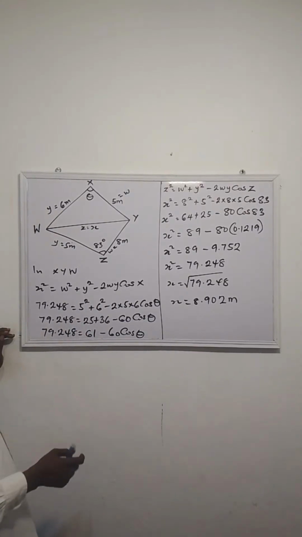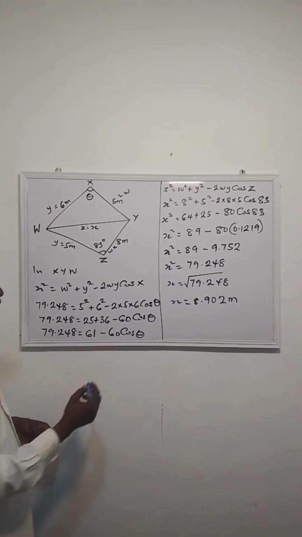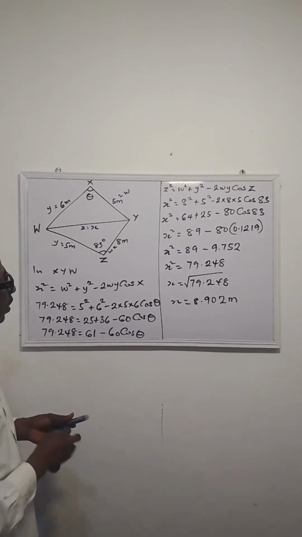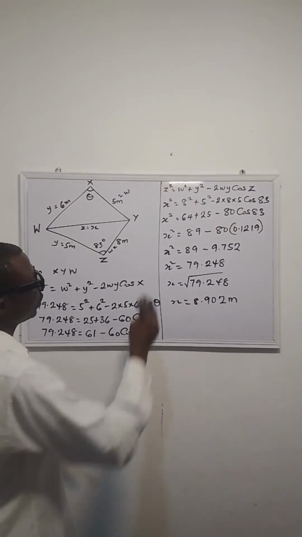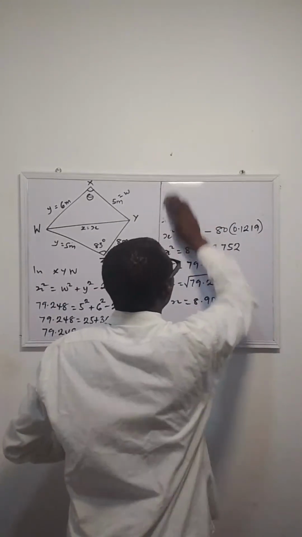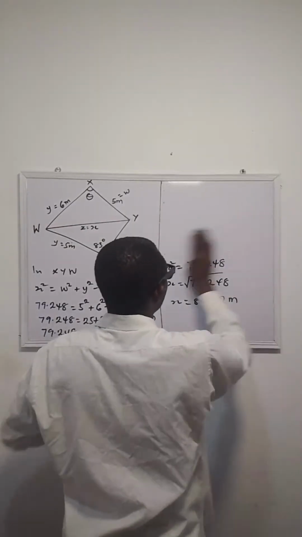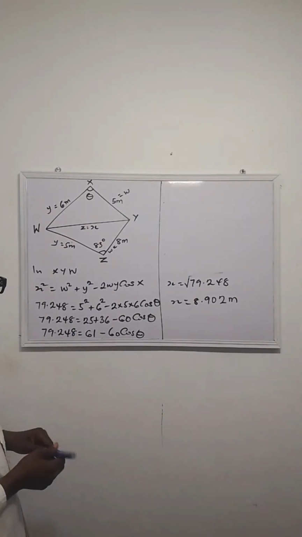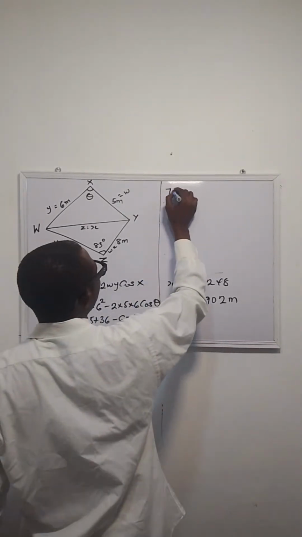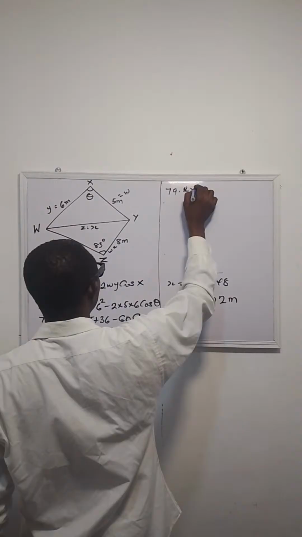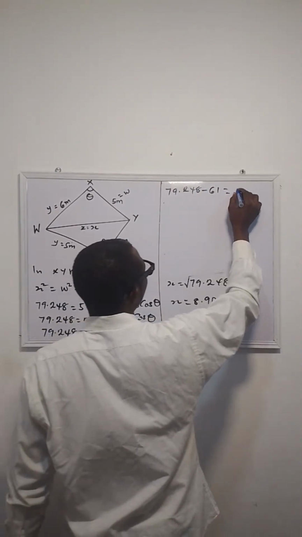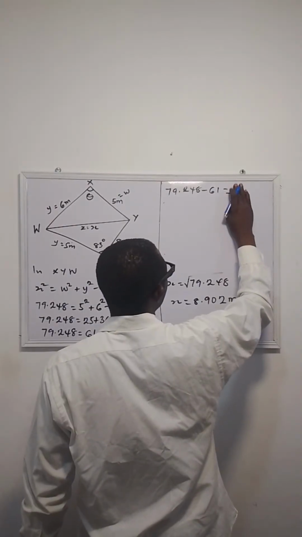It moves to this side. So we have 79.248 minus 61 equals 60 cos theta.